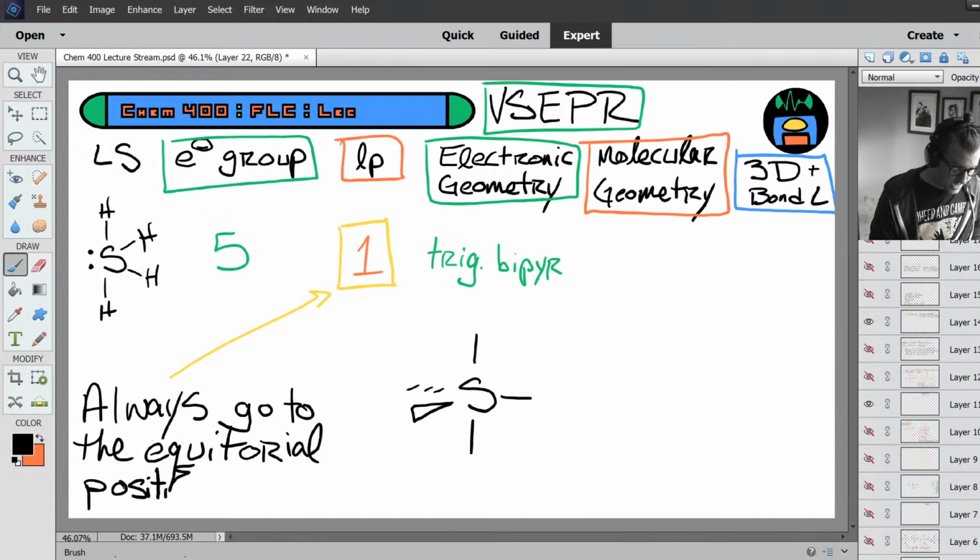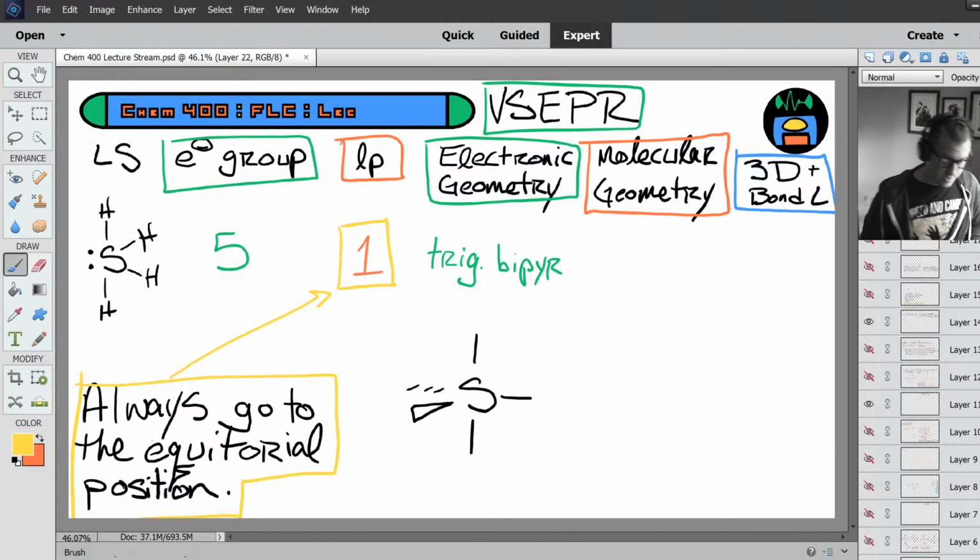The reason is that we already know electrons create more repulsion than a bond, so you want to put them where they're further away from everything else, and that will always be the equatorial position. So if we add our lone pair, and you can put it in any equatorial position, I'm going to put it here. And then the H's go everywhere else.